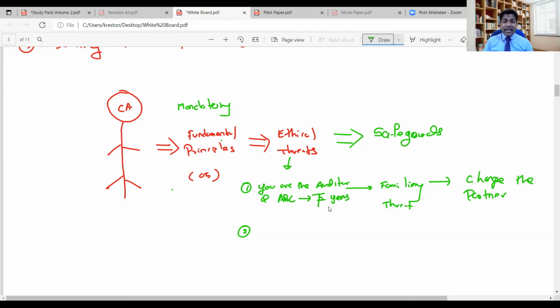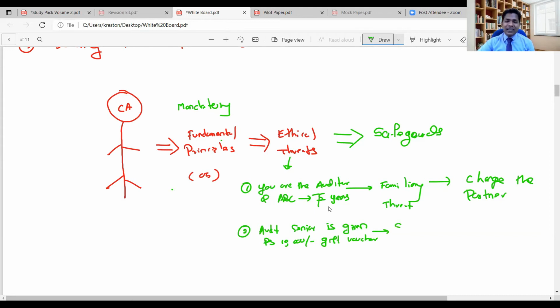At the end of the audit, you are given a 10,000 gift voucher from Pizza Hut. You can eat 10,000 worth of pizza at any of their outlets in Sri Lanka. So the audit senior is given a rupees 10,000 gift voucher.